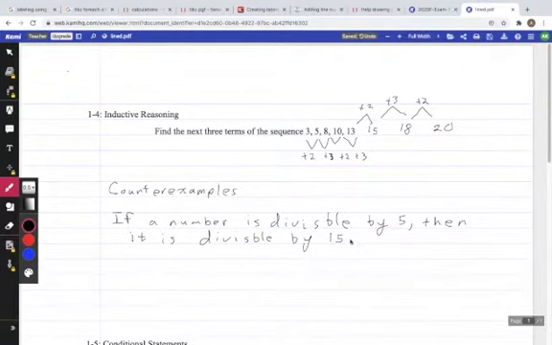Now, this statement, we can find an example that shows this is completely false, and that's all a counterexample is.